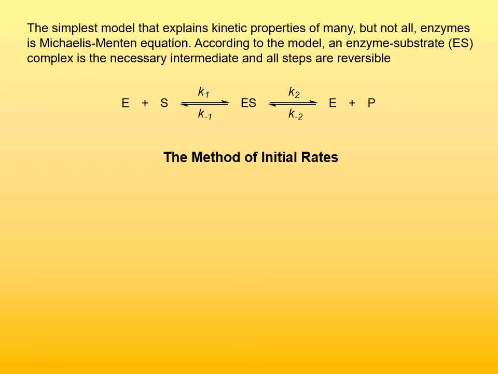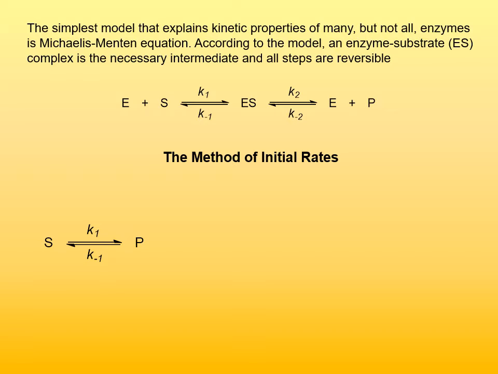Now in general, to study reaction mechanisms of reversible reactions, we apply the method of initial rates. For any reaction, the amount of product increases with time until equilibrium is reached. The starting material, substrate, is converted into product with a rate of K1. Once the product appears, a reverse reaction occurs with a rate of K-1.